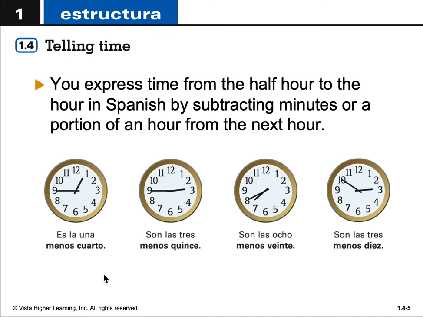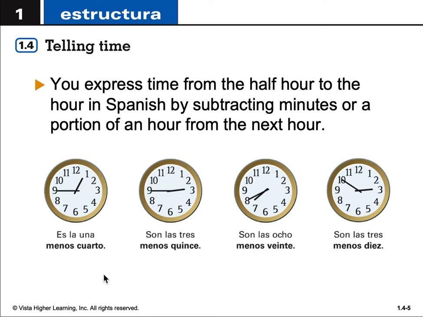Now, for example, like in English, we say it's 1:45, but in Spanish, we're going to say, and this is to be grammatically correct, which is what your textbook and your Portales workstation is going to expect from you.